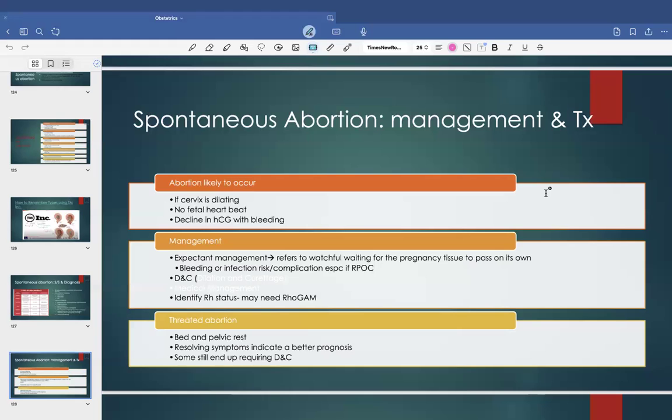Do they need RhoGAM? Or are they Rh positive? If it's a threatened abortion, some patients may be recommended pelvic rest, bed rest, no sex. Resolving symptoms indicate a better prognosis, but some still end up requiring D&C.